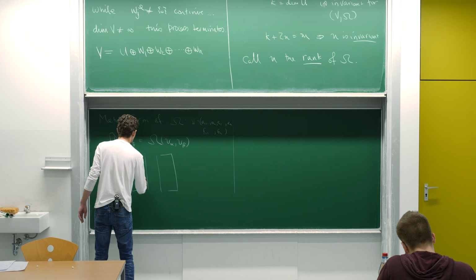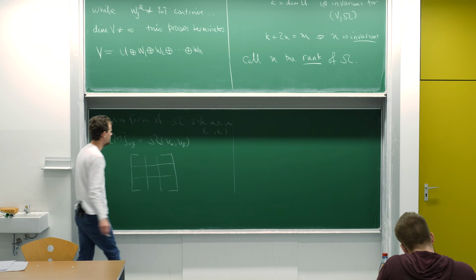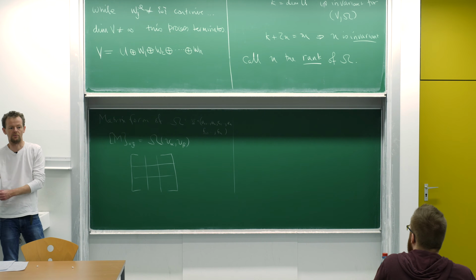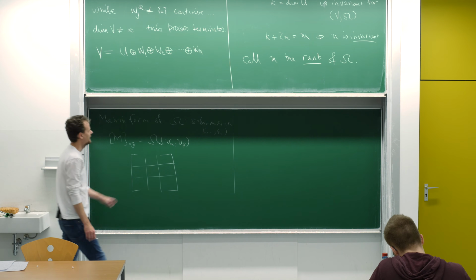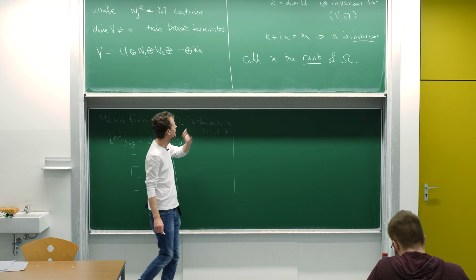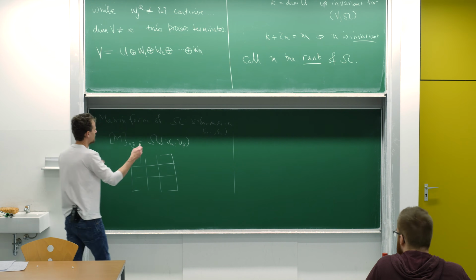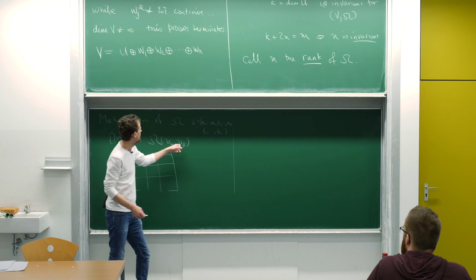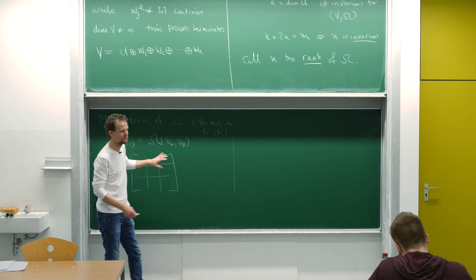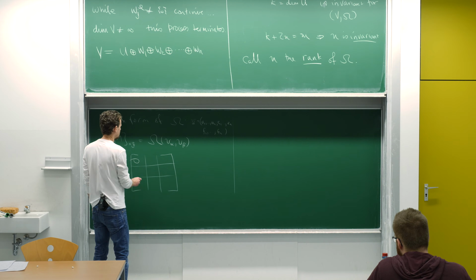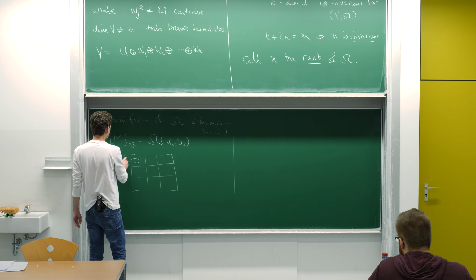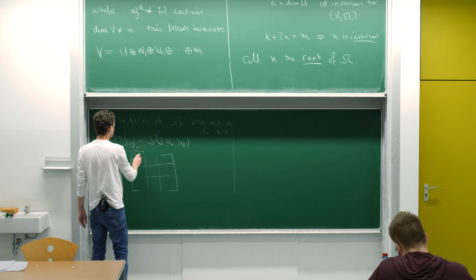It's comprised of 9 blocks, or it's a 3 by 3 block matrix. And with respect to the first k basis vectors, omega is really 0, right? Because no matter what you put in here, 0, you put in here, 0, it's always 0. Lots of zeros. And in fact, this is the U part of the basis representation.